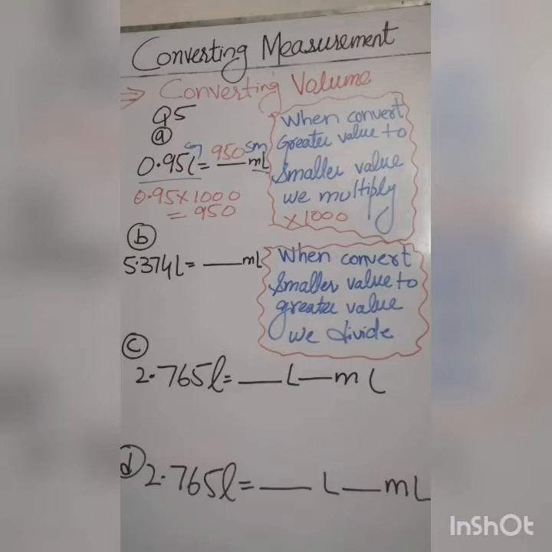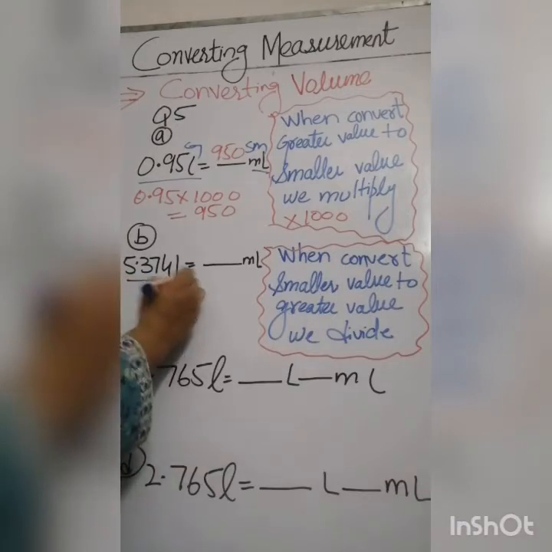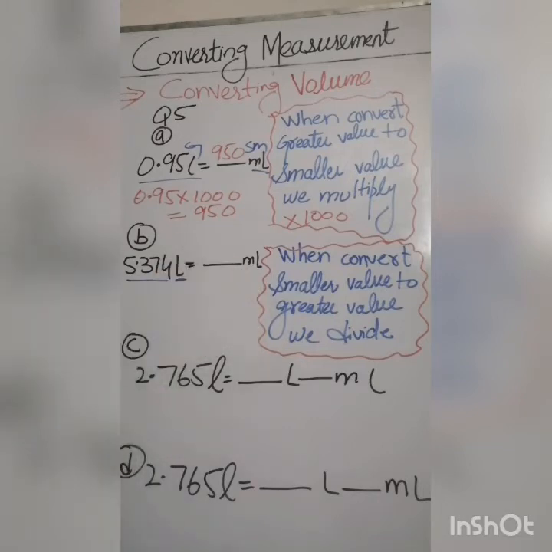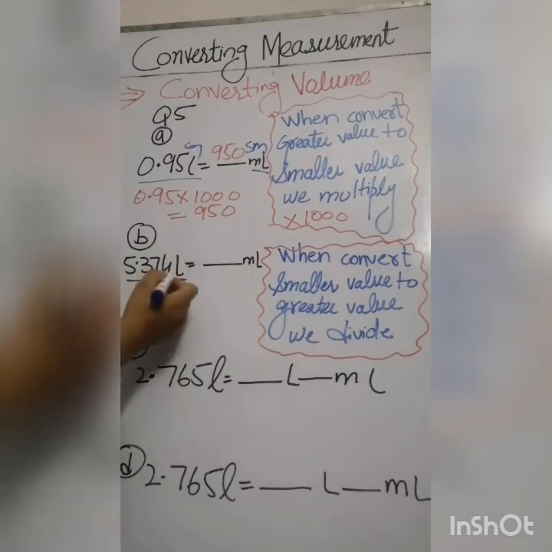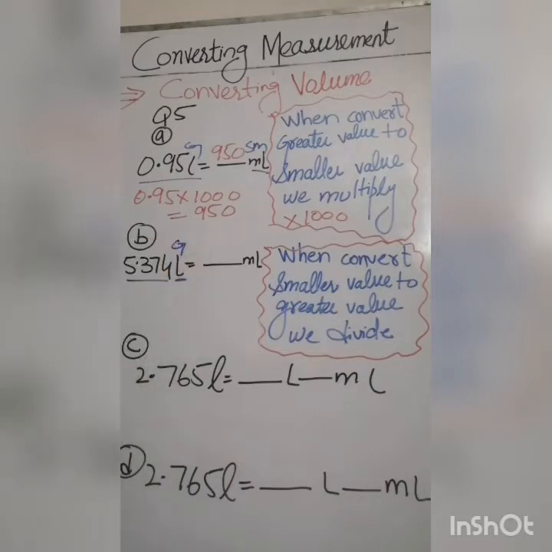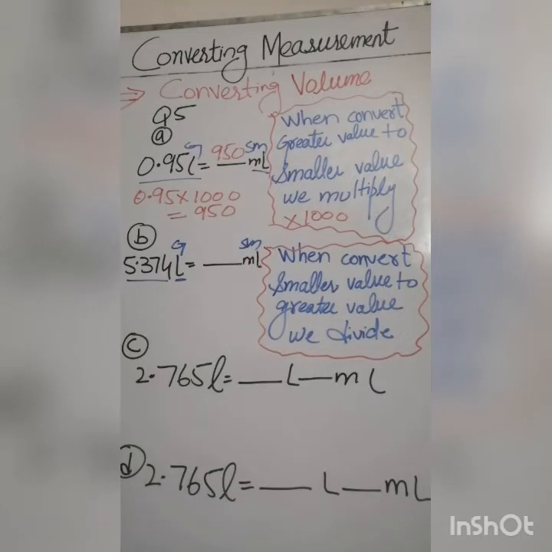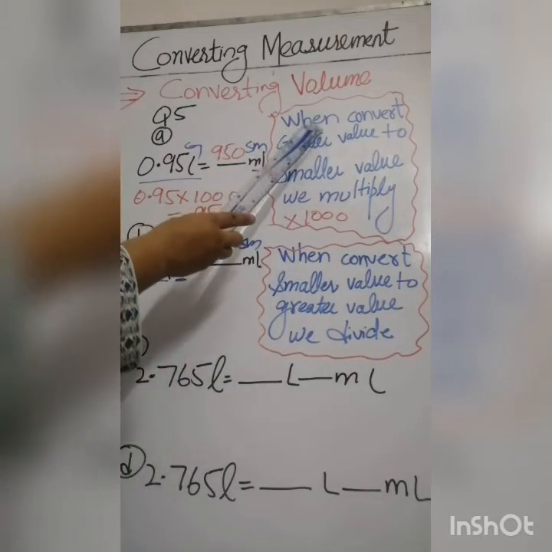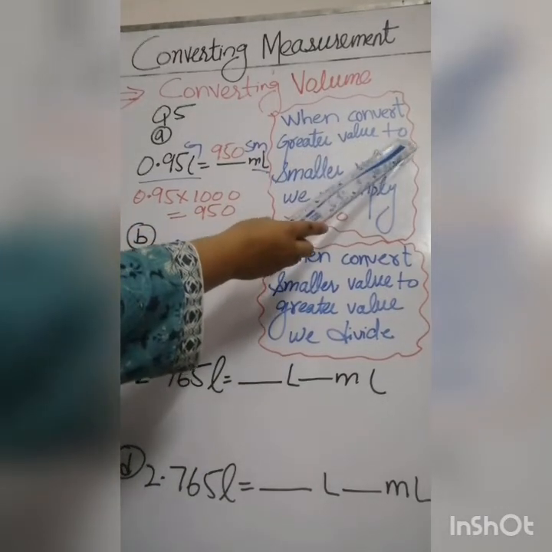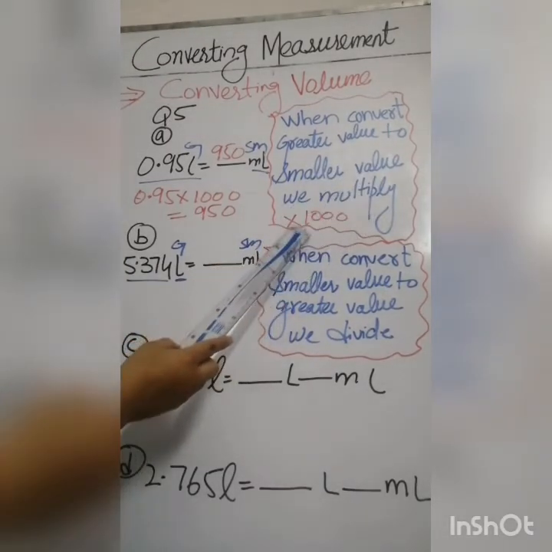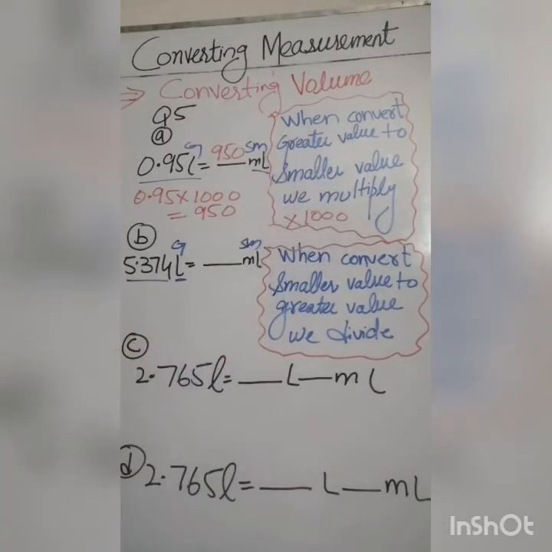We have our part B. 5.374 liters. We convert it into ml, milliliters. Liter is a greater value. ml is a smaller value. When we convert greater value to smaller value, we multiply by 1000.